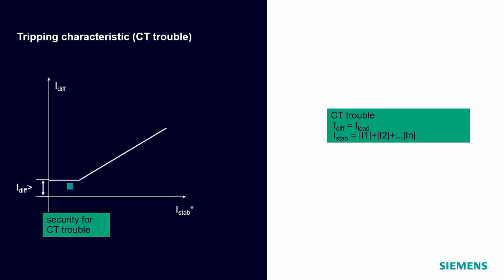The reason behind it is that the philosophy of busbar protection is that with one single trouble, with one single fault, it should not happen that you lose a complete busbar. So it should every time need two criteria to prevent an unwanted trip of a busbar. And therefore, once again, this minimum differential current threshold should be higher than the load current of all feeders you have in your system. So if you lose the CT of the feeder with the highest load current, you will not risk an unwanted trip.